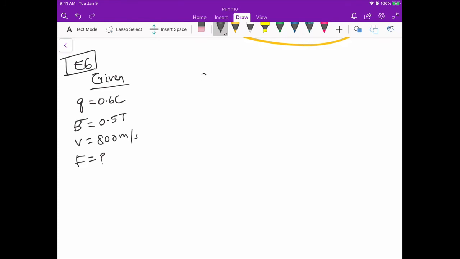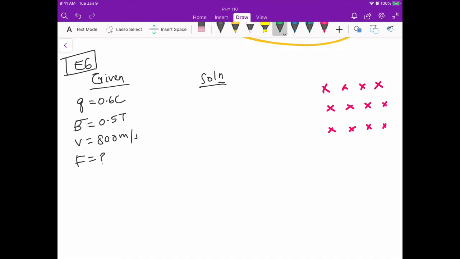So the solution is pretty straightforward. For a charged particle, as we mentioned earlier, I'll remind you again. If you have a magnetic field like this, that means into the page.